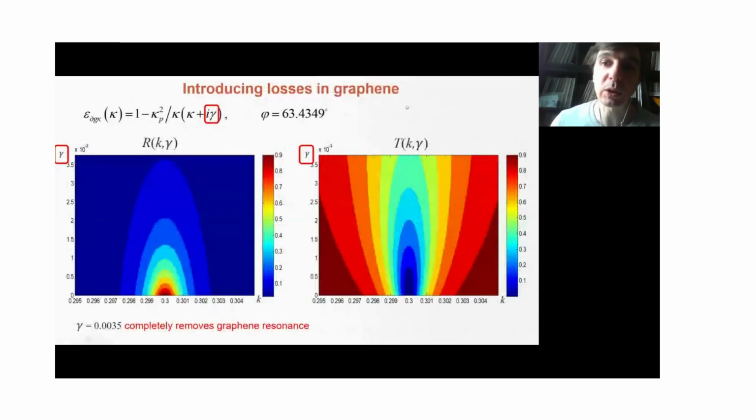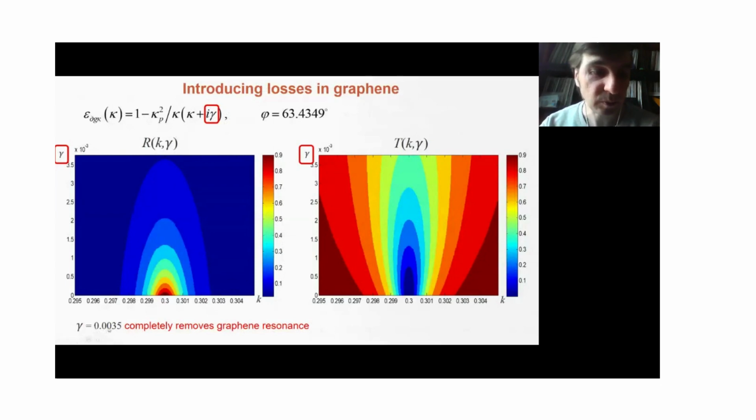It's also worth pointing out that losses in graphene are also crucial, and the higher this loss, the lower the Q factor of the graphene-induced resonances.